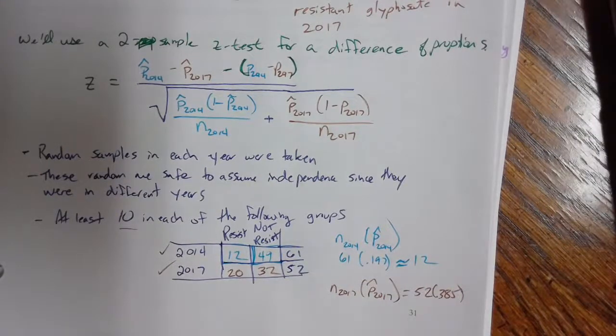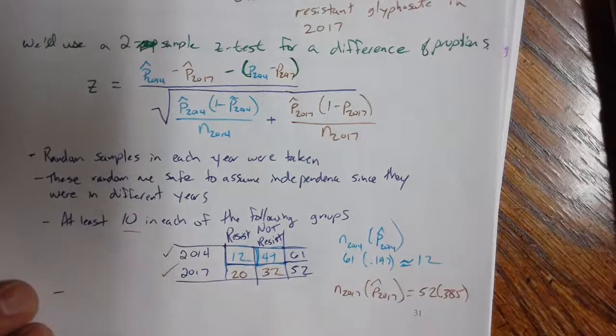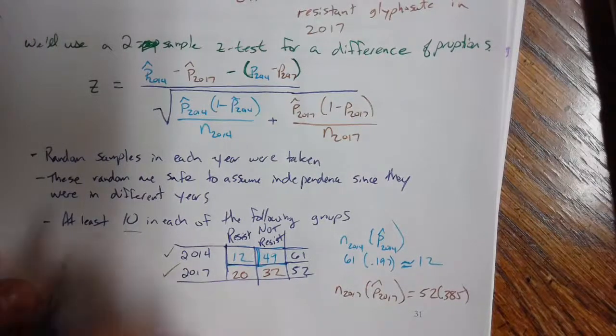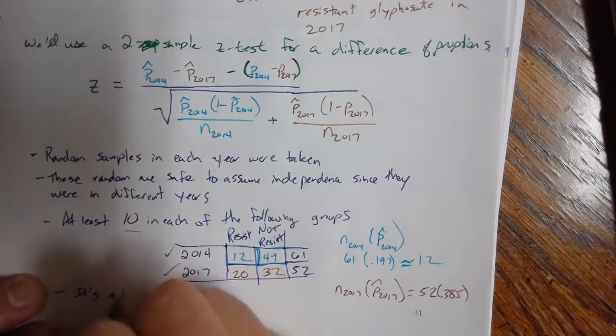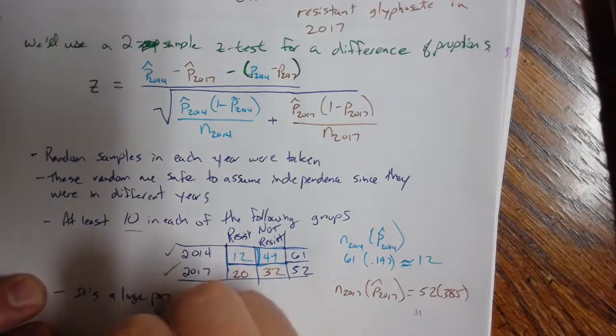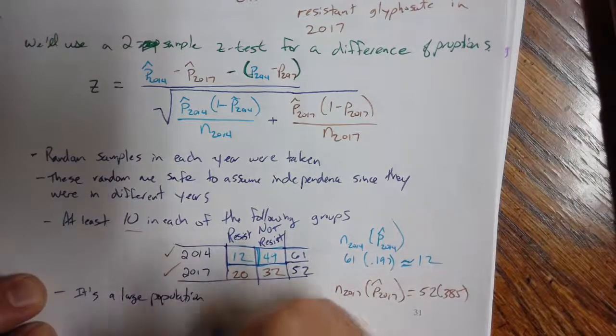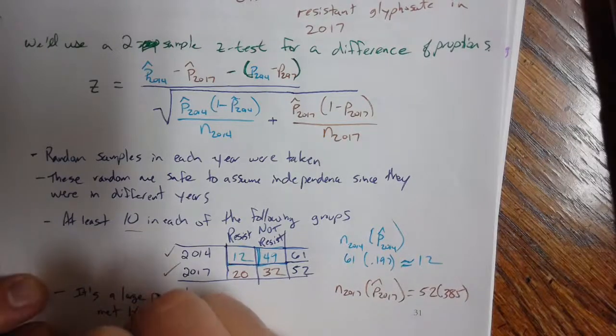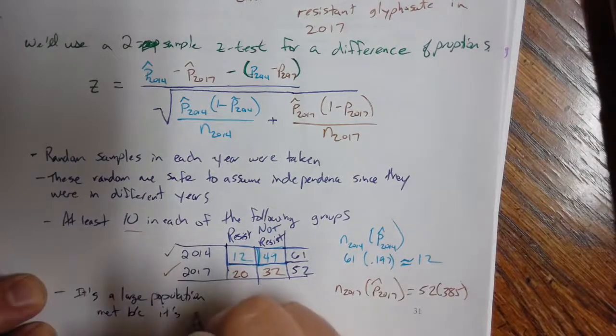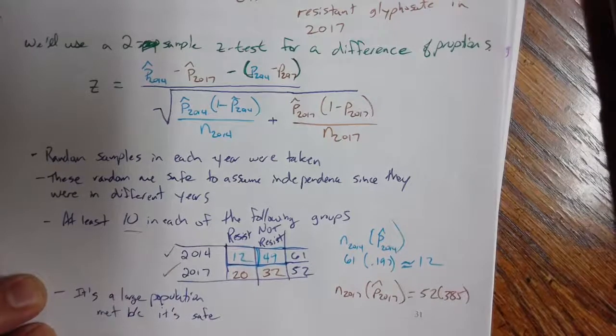And then we have one more thing that we should check, and that's that it comes from a large population. So the last thing we need to make sure, it's another safe assumption here. It's a large population, and that's met because it's safe to assume we have to make sure that it's at least 10 times our sample.